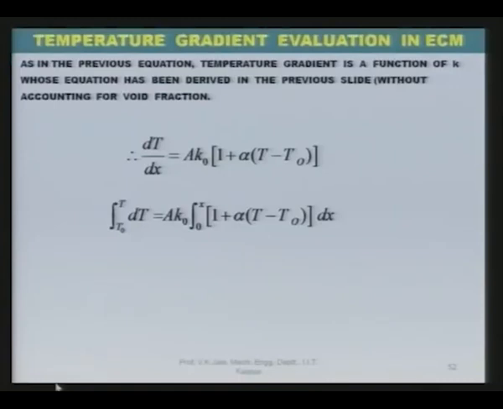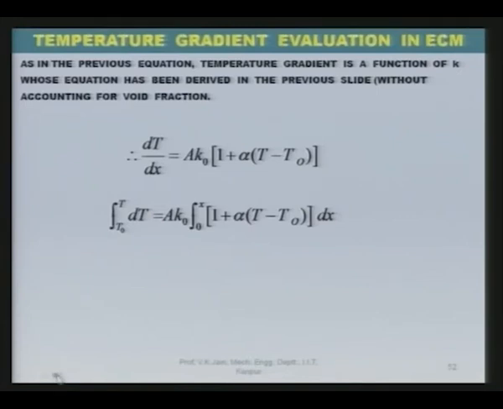To find the final solution of this, you can simplify this equation like dT is equal to A K0 multiplied by the value of the K dx. Now, you can integrate both sides: from T0 to T (or Tf) on the T side, and on the dx side from 0 to x.